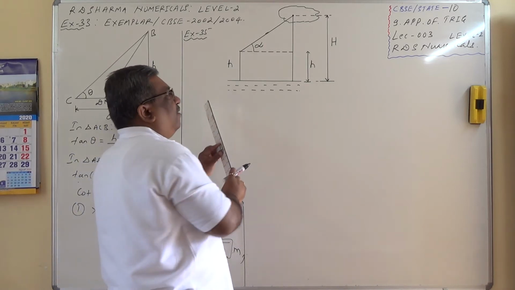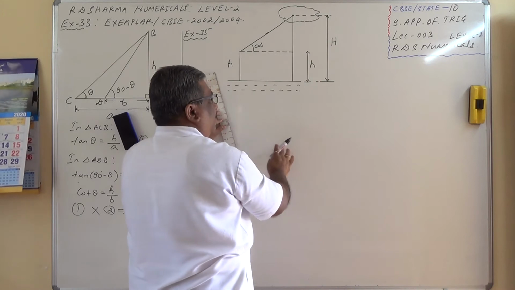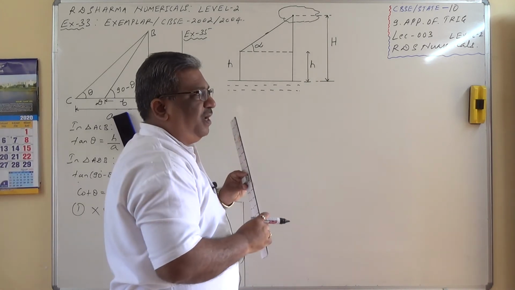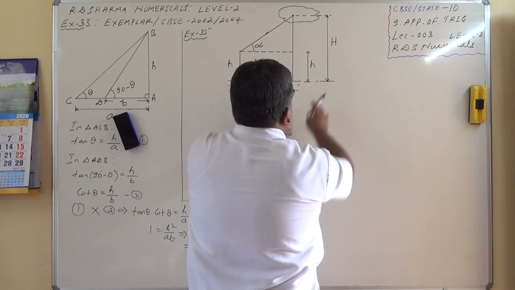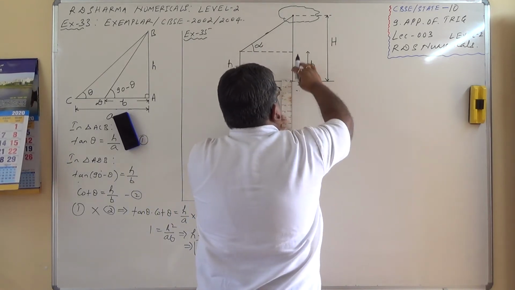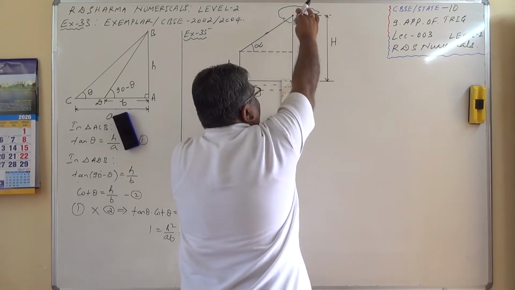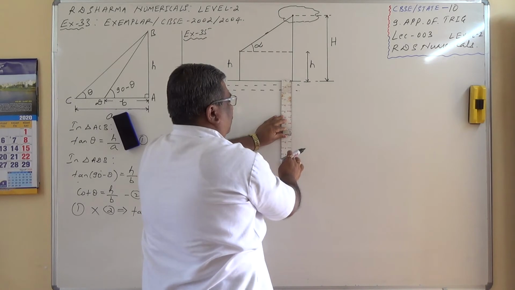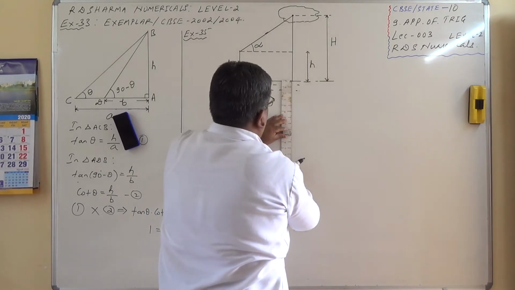To find the reflection of the cloud in the lake, we know the object distance should be equal to the image distance. Therefore, let capital H be the height of the cloud above the surface of the lake, and below also it will be the same H where the reflection of this cloud is formed.